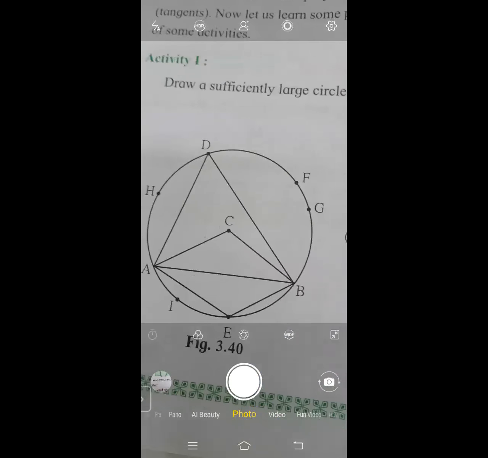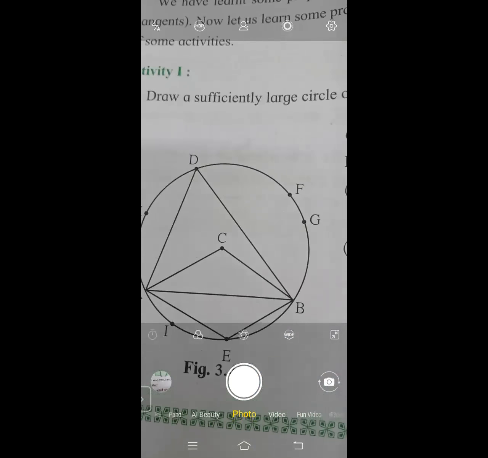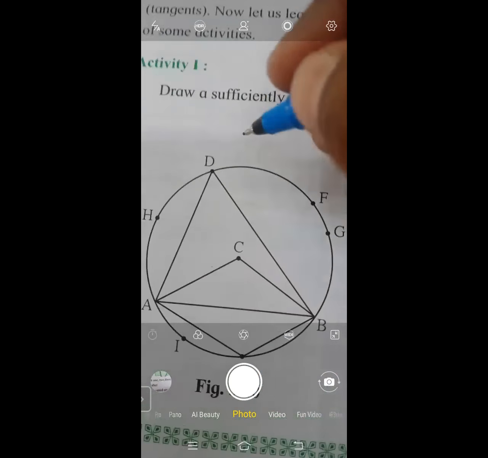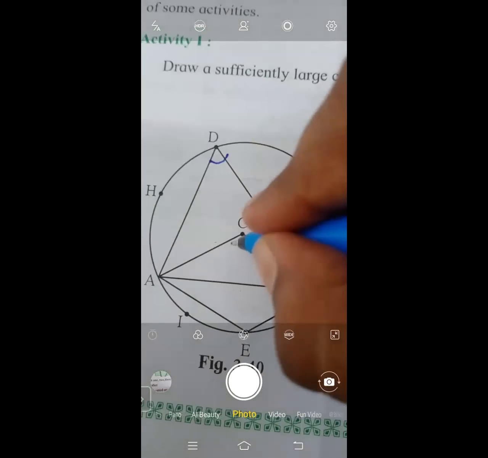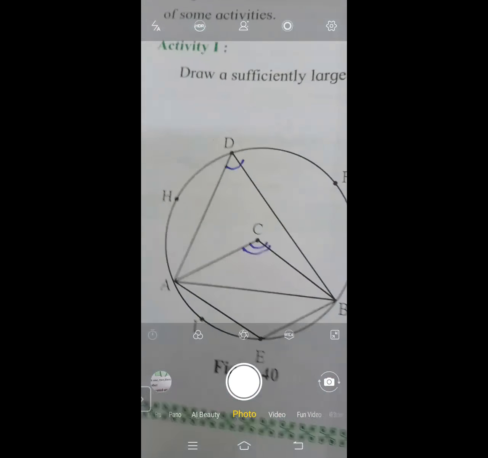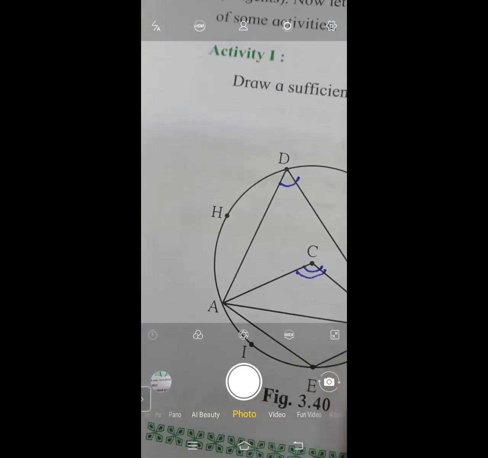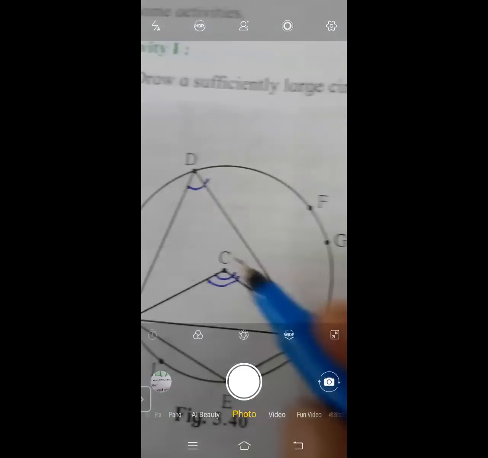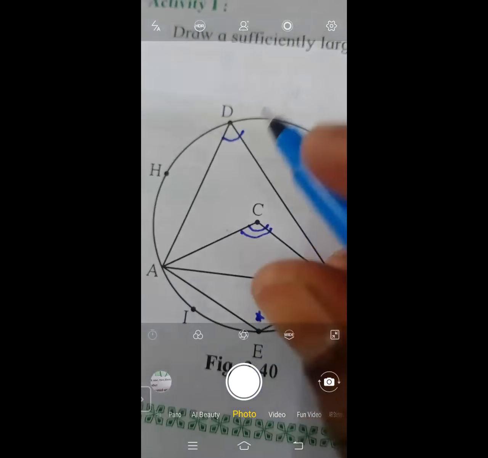Measure angle ADB and angle ACB, and compare them. This is ADB and this is ACB. Then we have to compare ADB and AEB. We have to compare these angles.